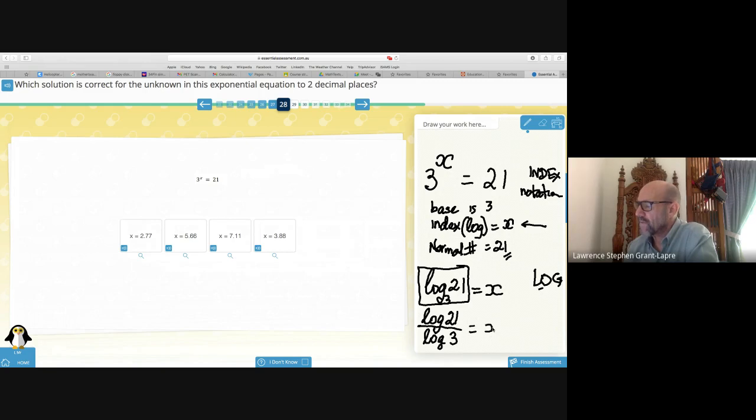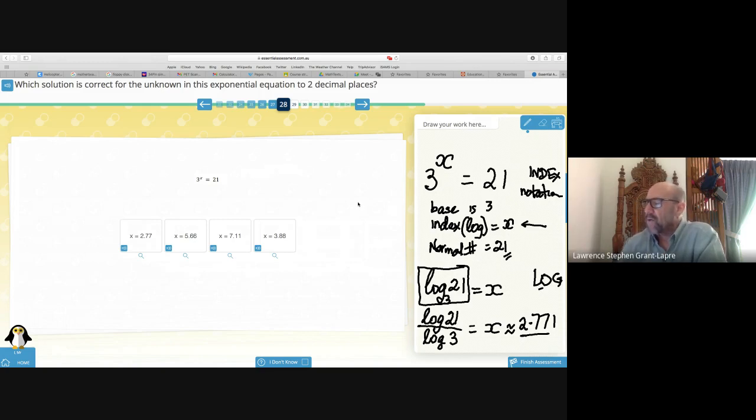If you just have a log button, you can go log 21 divided by log 3. By the way, it's not going to be log of 7. It is equal to 2.771. So to 2 decimal places, 2.77. So that's the first answer.